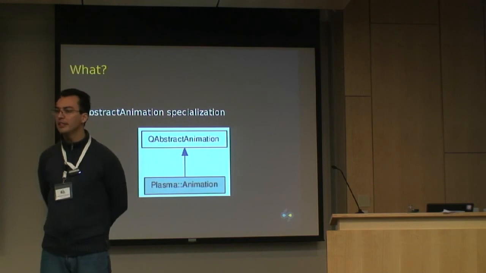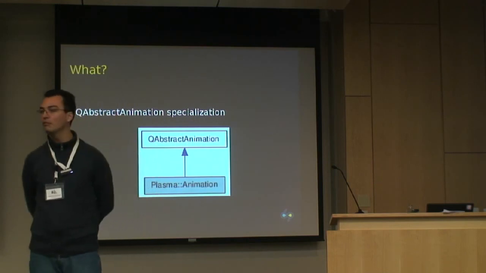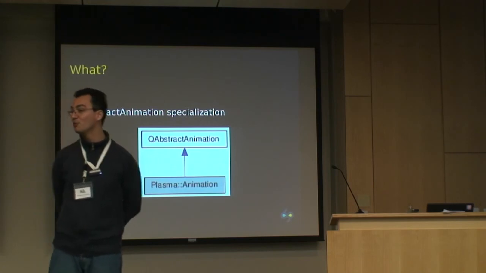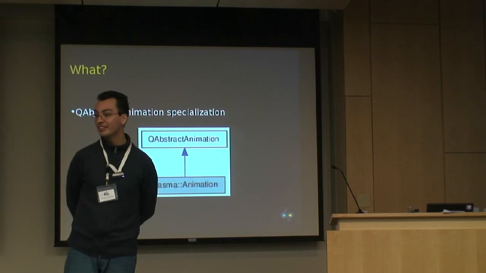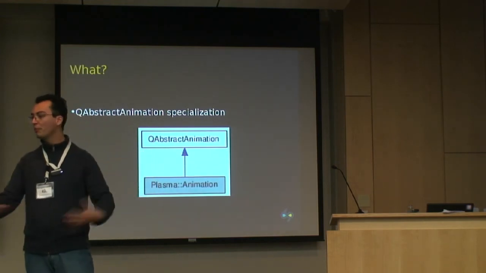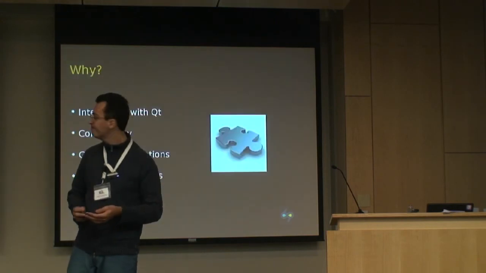Has anyone here tried to write anything using Qt Kinetic before? Anyone? Do you remember QPropertyAnimation? So basically you can just intermix QPropertyAnimation objects together with Plasma objects.